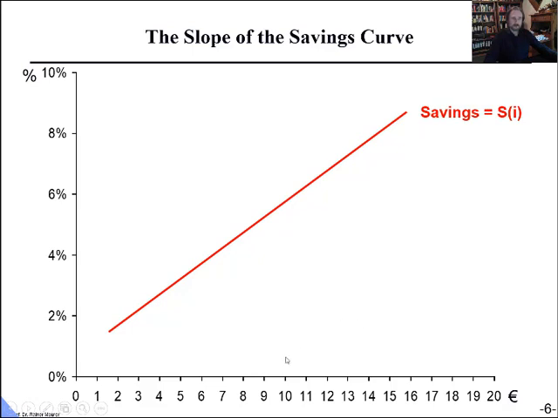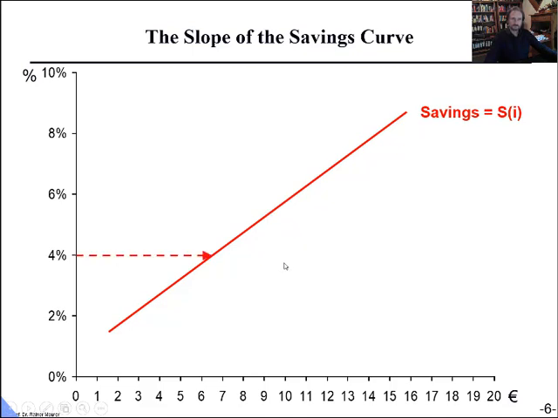In this diagram we measure the interest rate on the y-axis and the money offered at a given interest rate on the x-axis in euro. So this savings curve has a positive slope, and that means the higher the interest rate, the higher the savings volume offered.